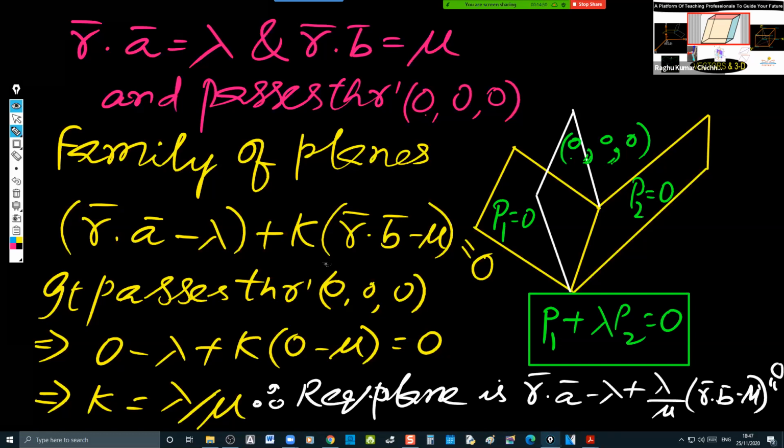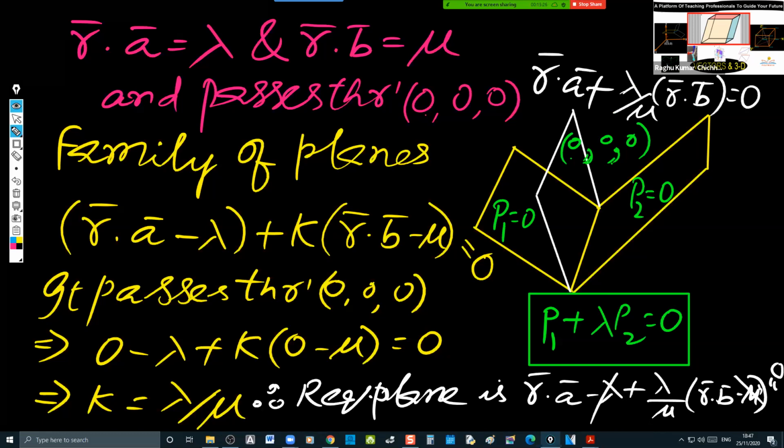K replaced here, and you will get this lambda getting cancelled. These two are getting cancelled. Therefore, the required plane you will get is R bar dot A bar plus lambda by mu into R bar dot B bar is equal to 0. This is the answer, because it passes through the origin, the constant gets cancelled. This should be your answer.